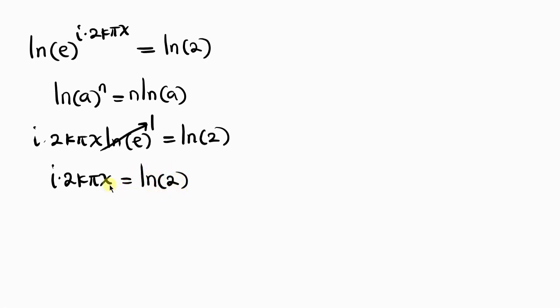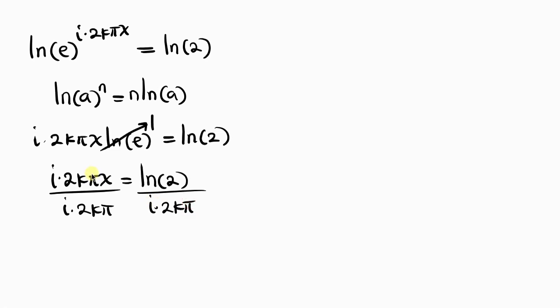Now we're looking for x, but x has coefficient i times 2k pi. So in order to get x, I'm going to be dividing both sides by the coefficient, which is i times 2k pi. So I'll divide the left-hand side by i times 2k pi. I'll divide the right-hand side by i times 2k pi.